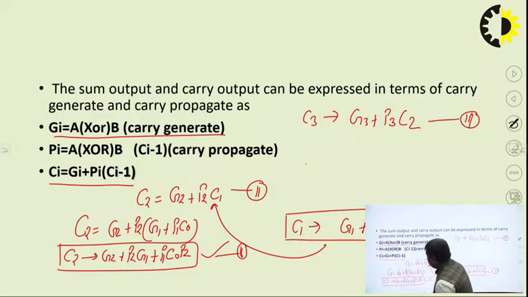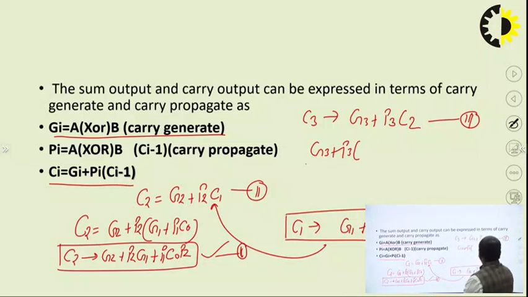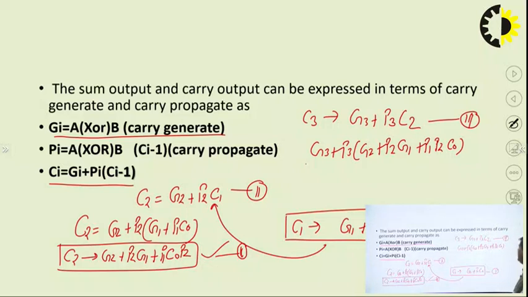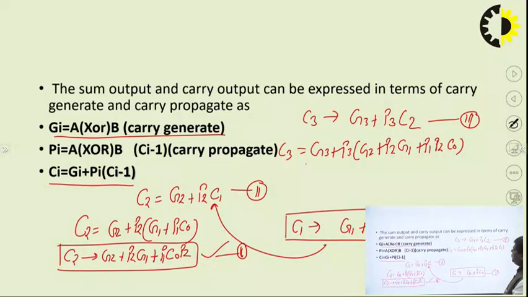Here we find the value of C2, this value we substitute in this equation. Now G3 plus P3, what is the value of C2? That is G2 plus P2 G1, P2 P1 and C0. Now this is the value of C3.